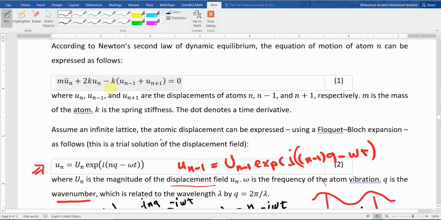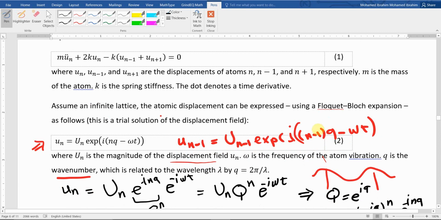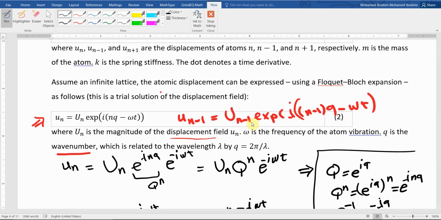And then this term will be negative k, and we have un negative 1. To have un negative 1, we're going to end up with, all right, it seems that I did something wrong in this expression. If we are interested in the displacement of the atom n negative 1, this should be the same magnitude as the atom n, but there should be a shift or a difference in the wave, one step before or after, depending on whether it is n-1 or n+1, for the wavelength.